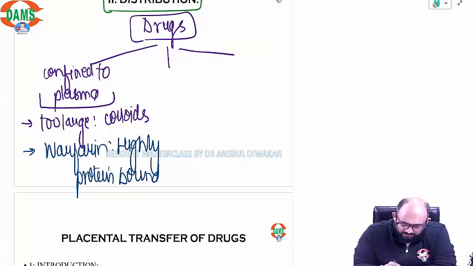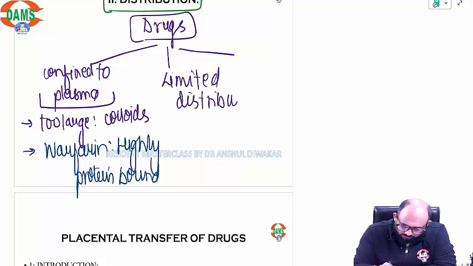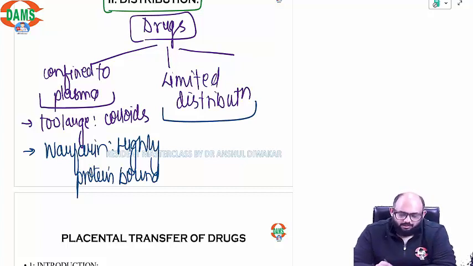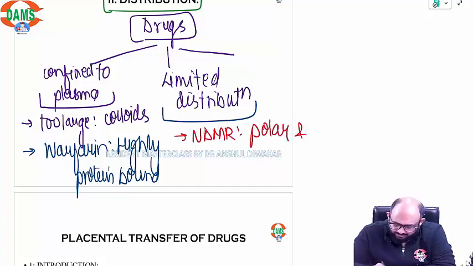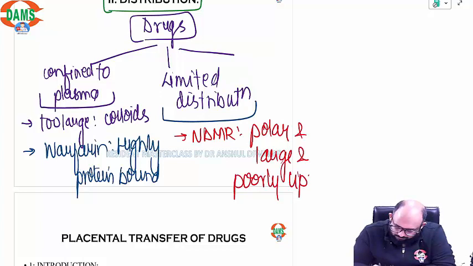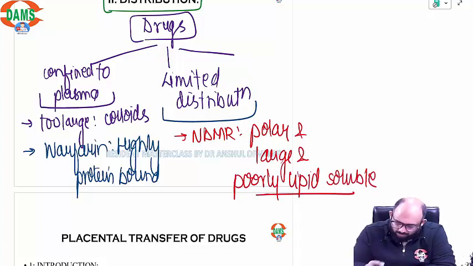Then you have drugs with limited distribution, which are usually non-depolarizing muscle relaxants, which are polar, that is ionized, and large, and poorly lipid soluble. So some amount will get distributed, but not much.